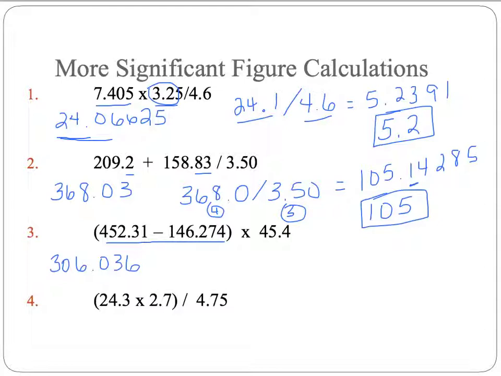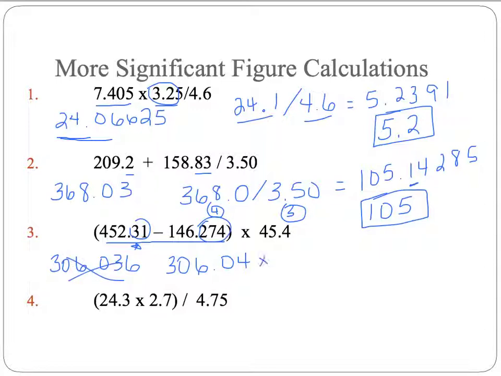So when I'm subtracting, again, the rule is decimal places. This one has 2 decimal places, this one has 3, so I'm going to go with that one. I need to make this number have 2 decimal places, and I'm going to round that because the next one's a 6 to 306.04, so I'm not going to use that anymore.